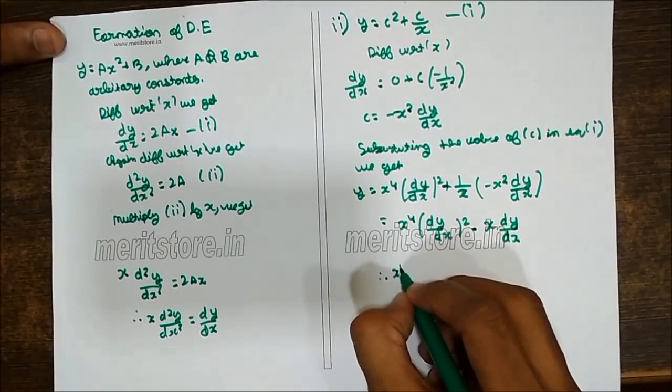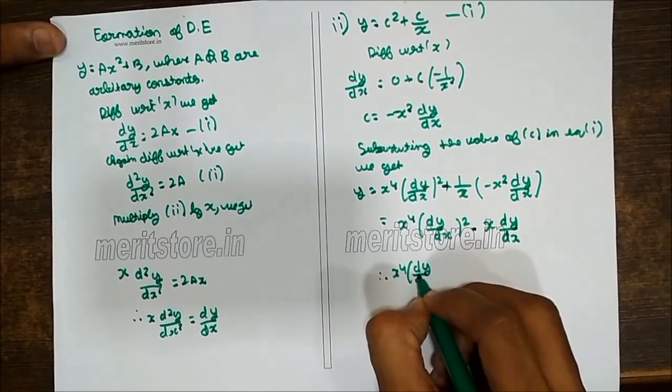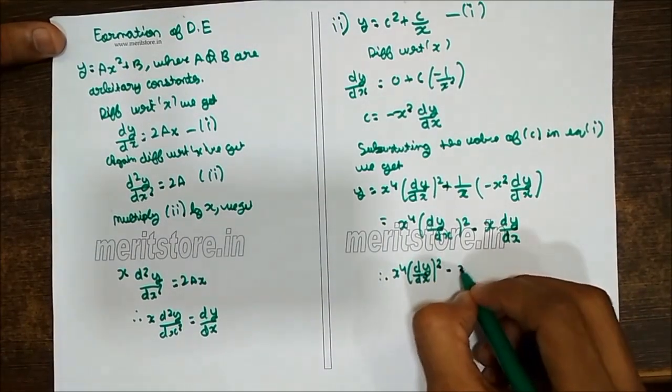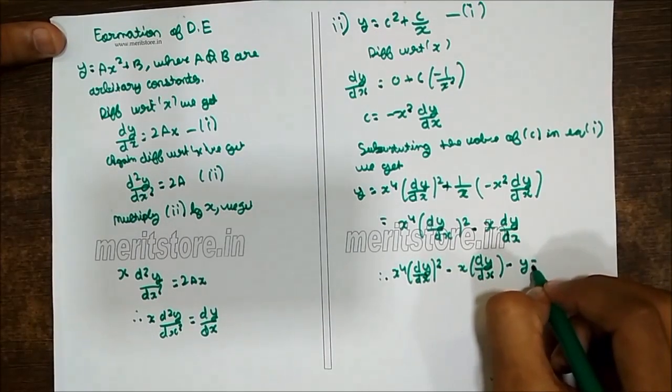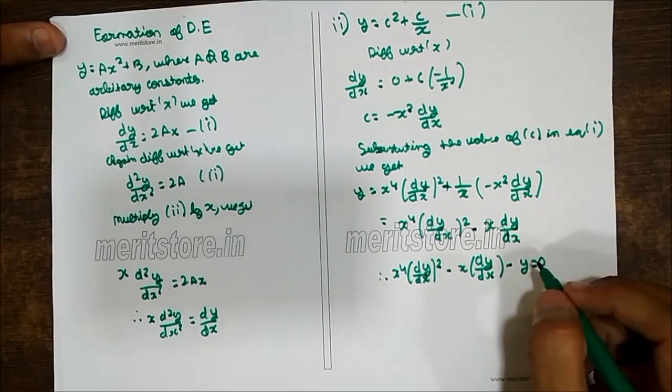Therefore x raised to 4 (dy by dx) the whole square minus x dy by dx minus y is equal to 0. Hence this is the required solution for the given question.